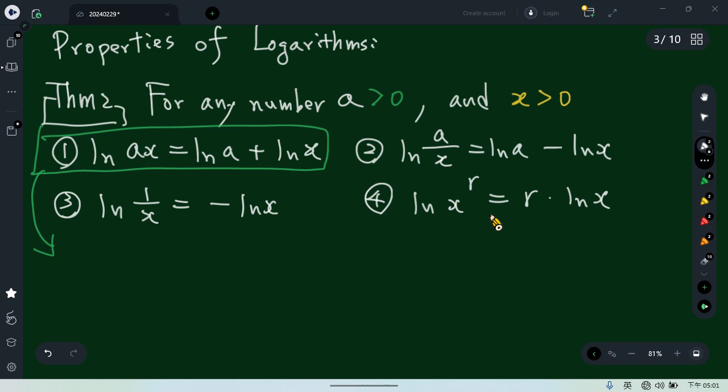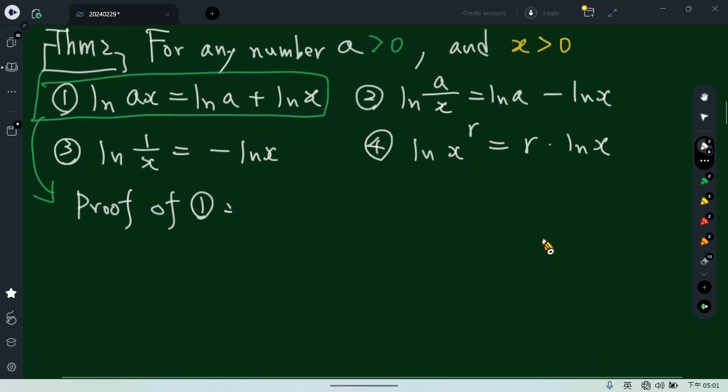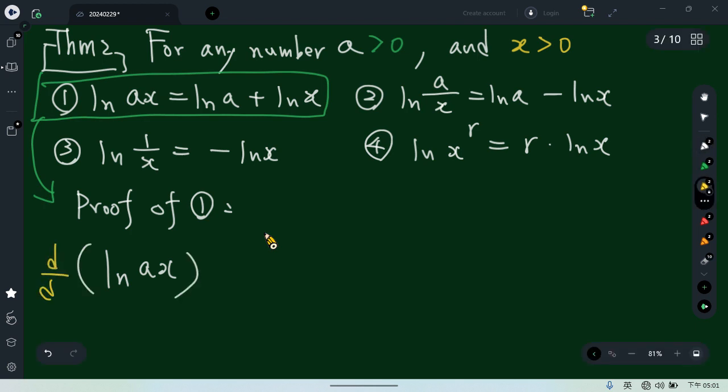What I try to prove is number one. So I face ln of ax, right? At the left hand side, I face this one. So I try to differentiate. What's the result? You can regard this here as u, right?